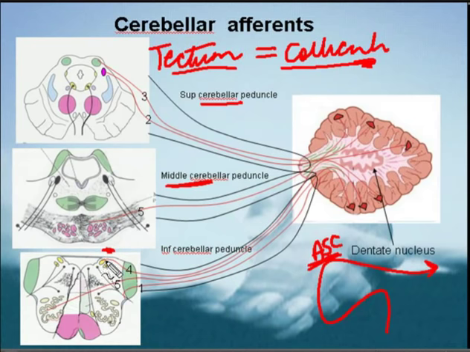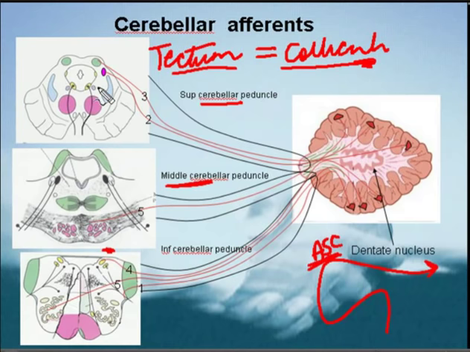And olivocerebellar, the inferior olivary nucleus seen in the medulla is connected to the cerebellum through the inferior cerebellar peduncle. So that's how you're going to remember these cerebellar afferents, through which peduncles they are going and what they are connecting.